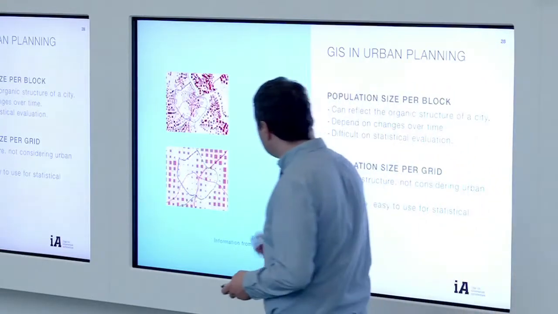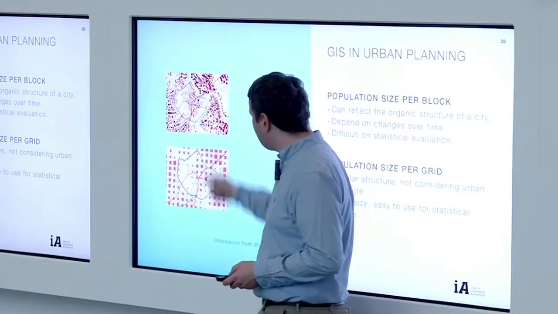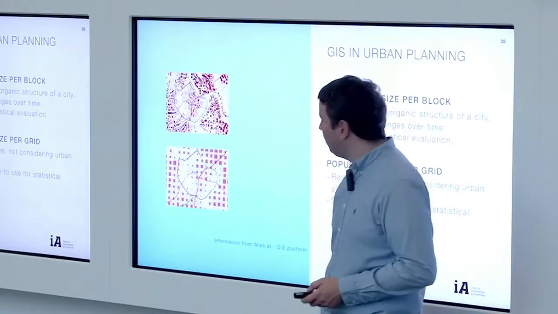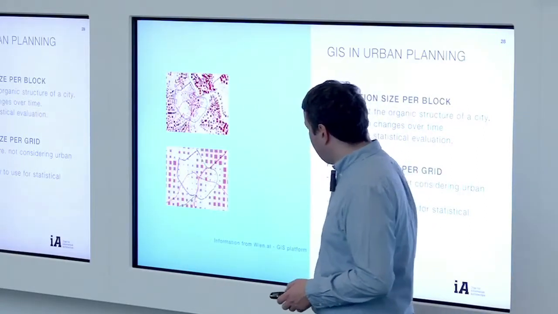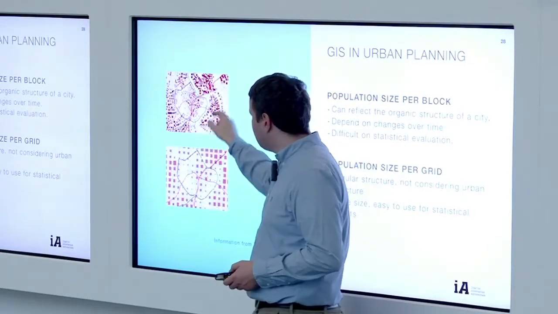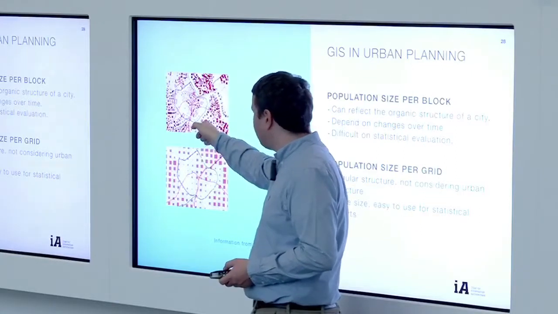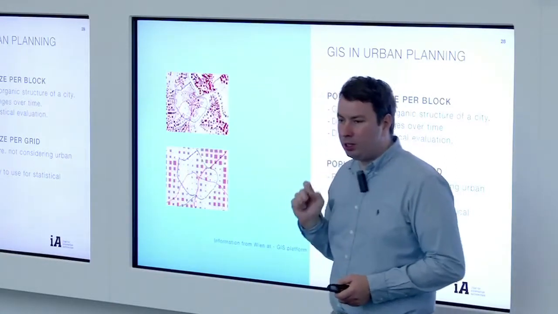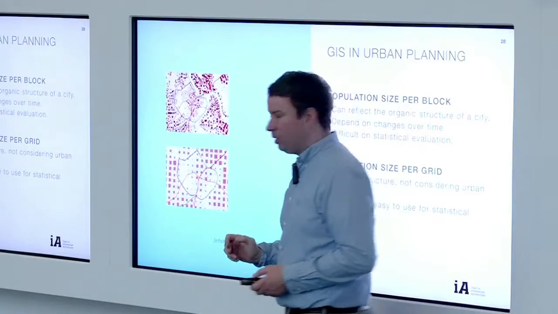So maybe some examples here. Those two images are representing actually the same information. So what is different? It's about population size here. In the first image, there are little tiny squares connected to each building inside this area here in Vienna.